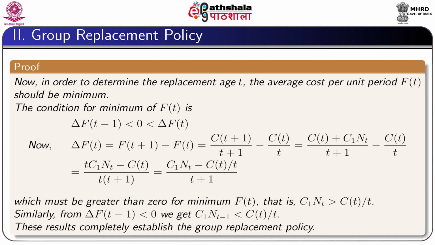Now, in order to determine the replacement time t, the average cost per period F_t should be minimum, and for that the condition is delta F_{t-1} less than 0 less than delta F_t. By finite difference, we find delta F_t equal to F_{t+1} minus F_t.